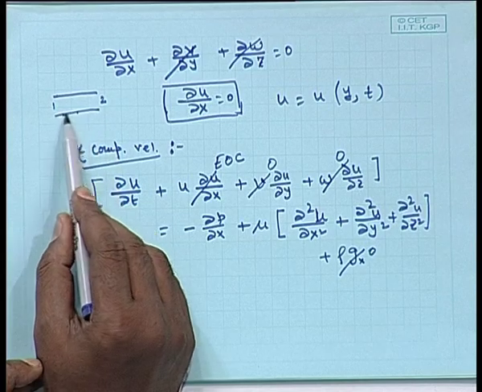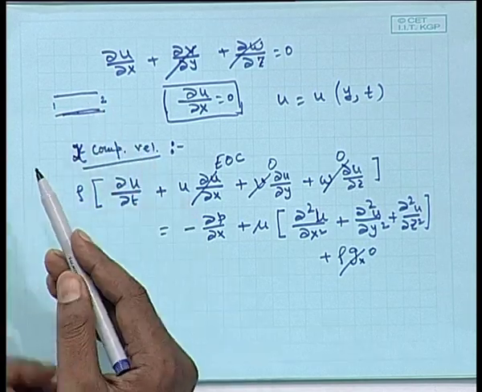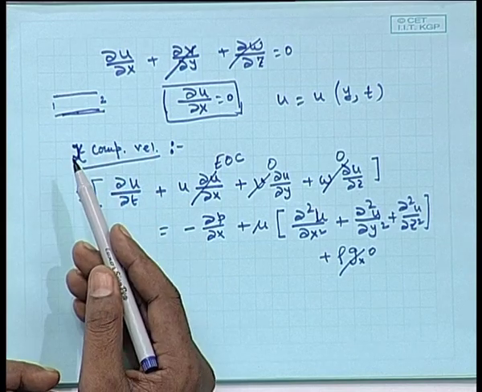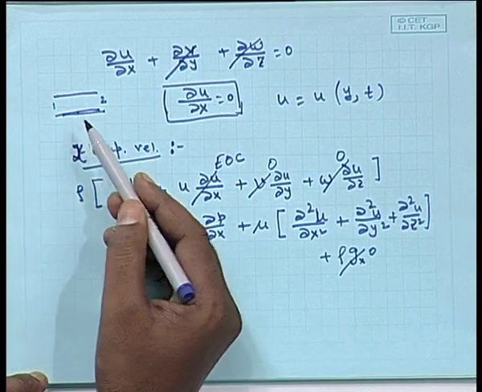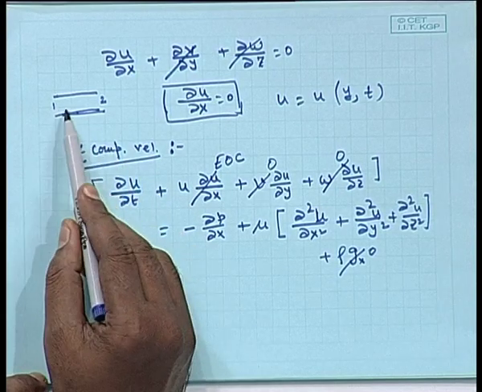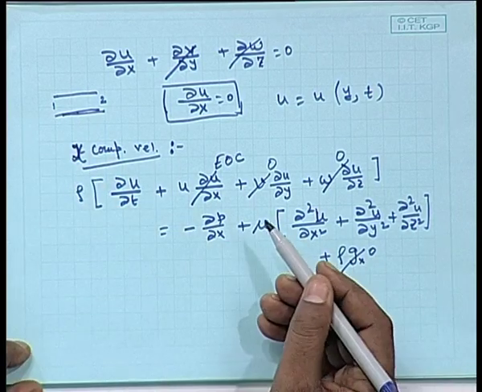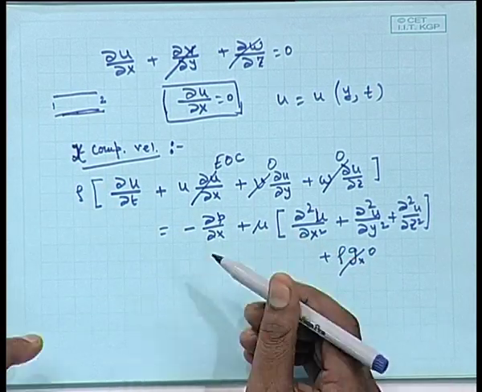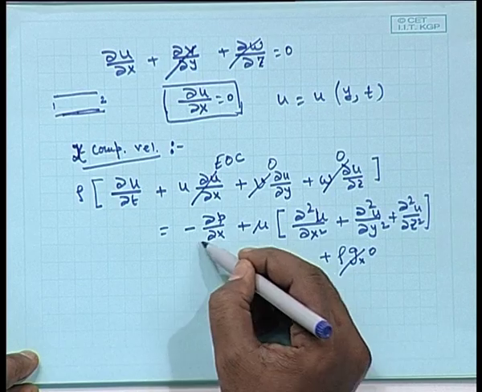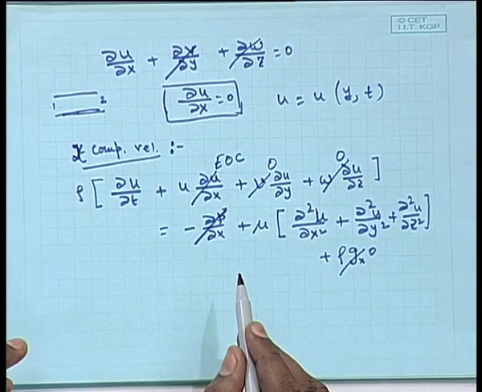Suppose this wall moves, it will induce a velocity field in the fluid, or there may be a presence of both. Now, in this case the fluid is flowing because of the motion of the wall, and there is no pressure gradient forced upon it. So, there is no pressure gradient present, right. So, this term will be off for this particular problem, because the flow is induced because of the motion of the wall only.